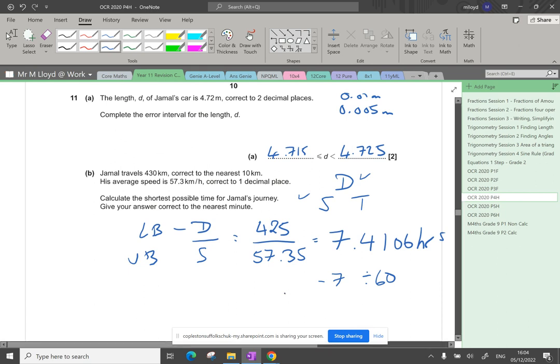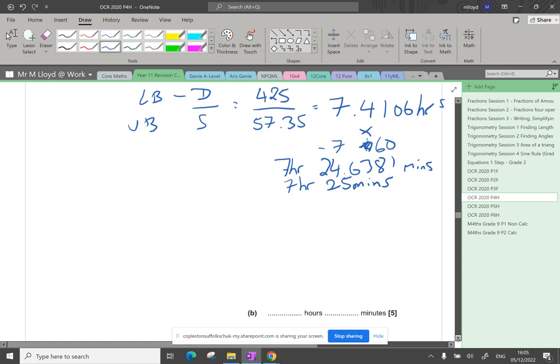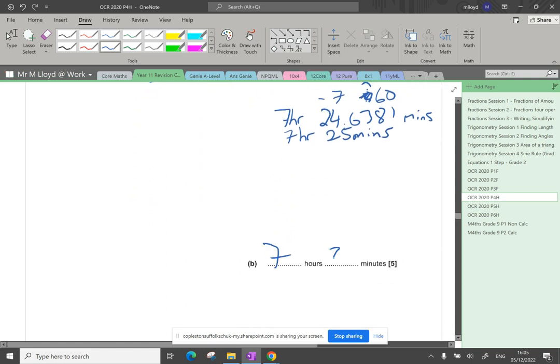So it is 7 hours, 24.6381 minutes. Let's get rid of that because we need to times it by 60. And then that gives me 7 hours and 25 minutes. Okay, that should go on our answer line, and that is worth 5 marks.